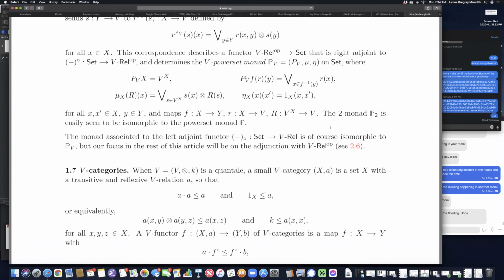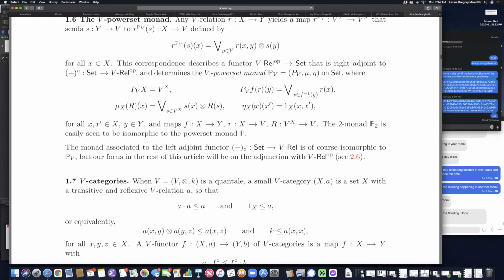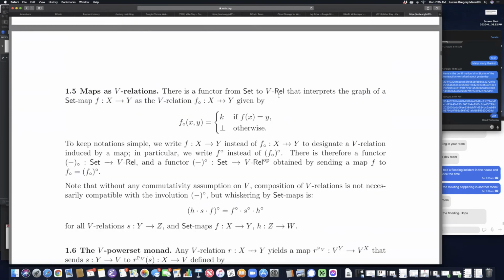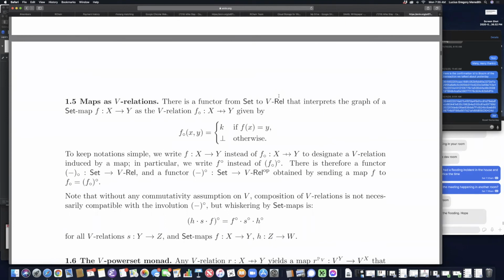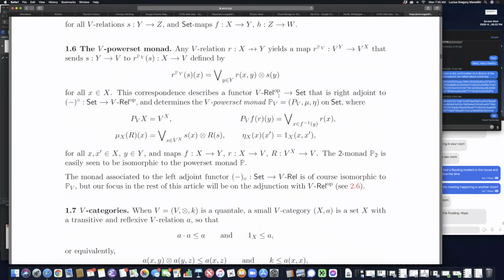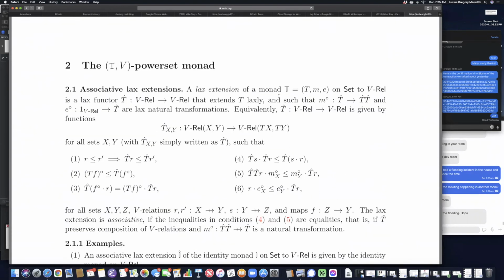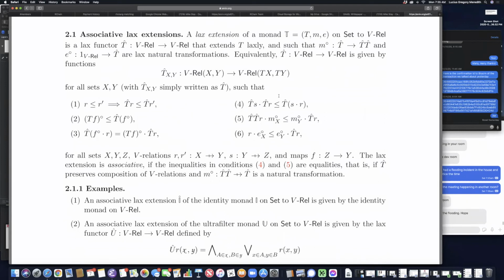So this is the set of equations which give you the monad from the relational definition. Yeah, it is opposite. And that has to do with the duals.